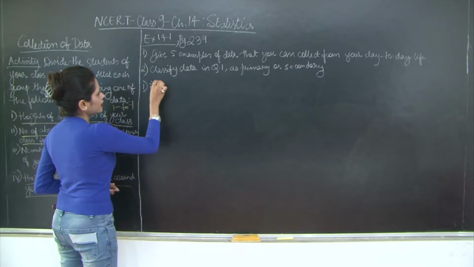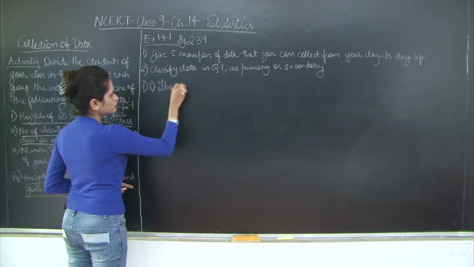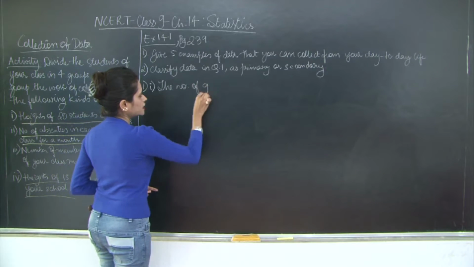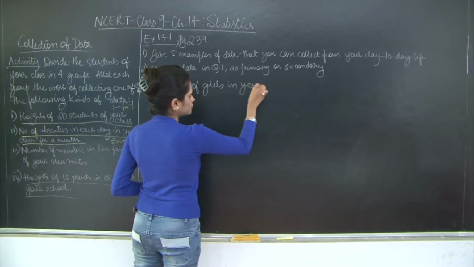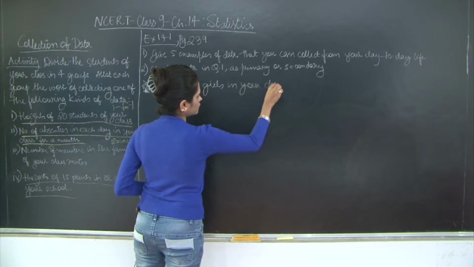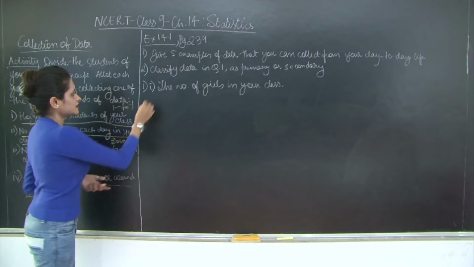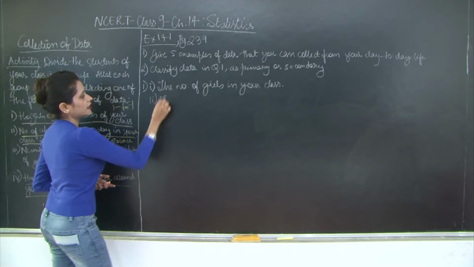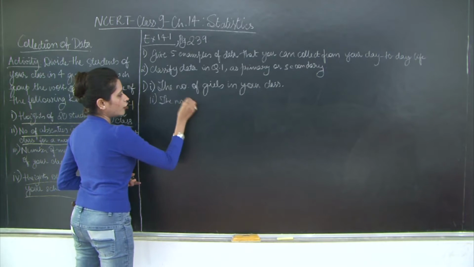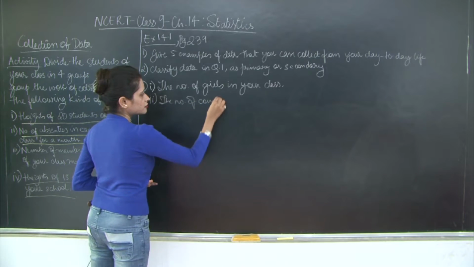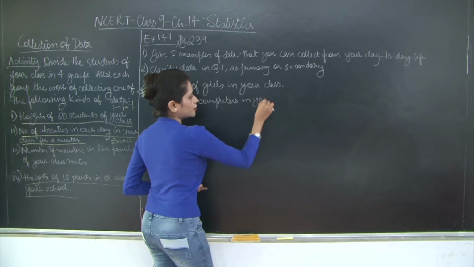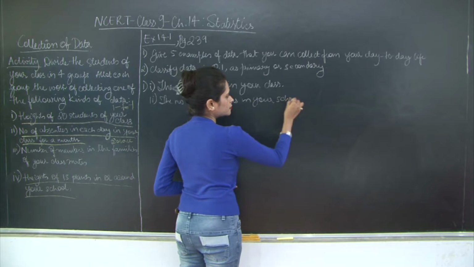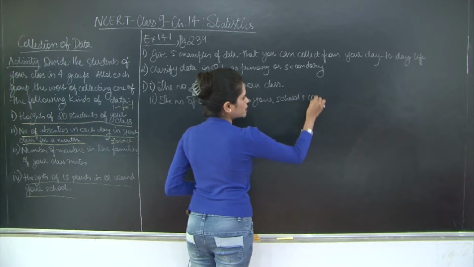So I'll say 1, and I'll just write down the different kinds of data. So let's say the number of girls in your class. Okay. The second one could be the number of computers in your school's computer lab.